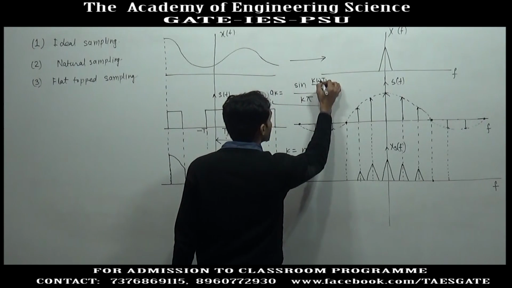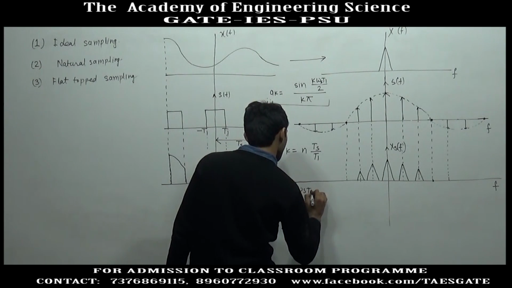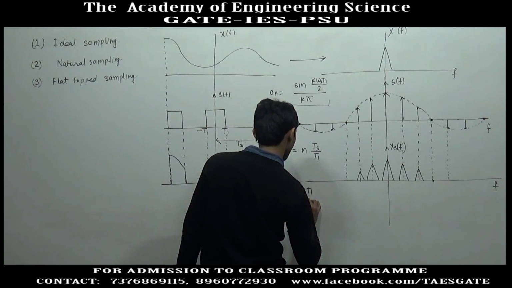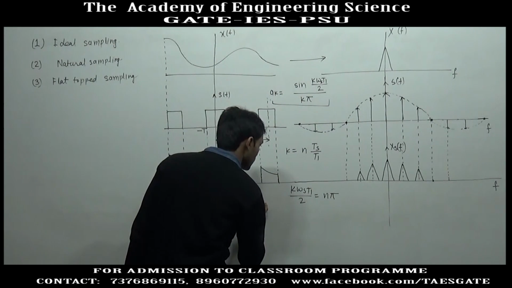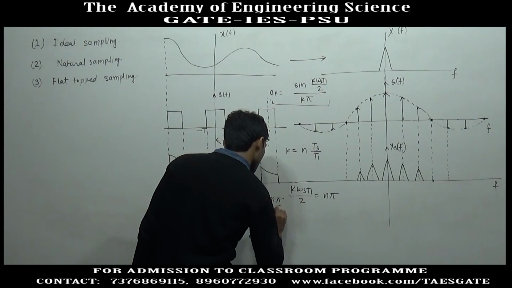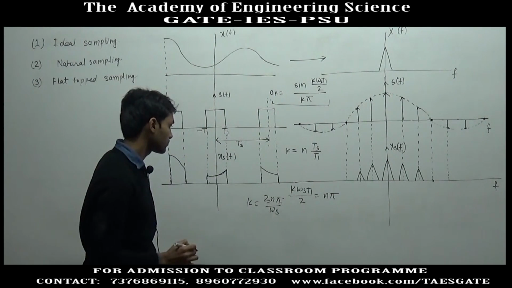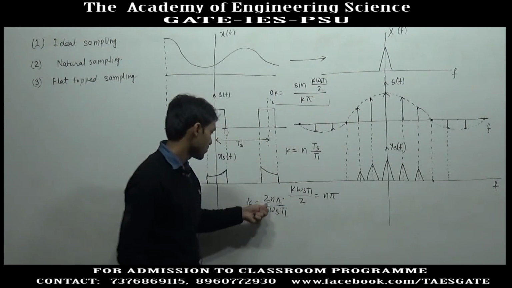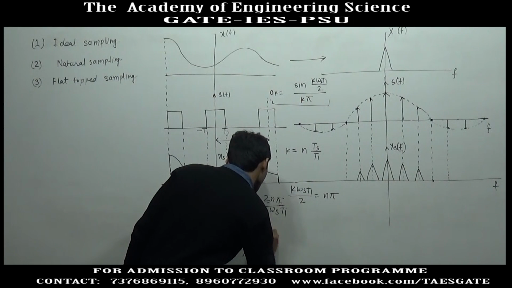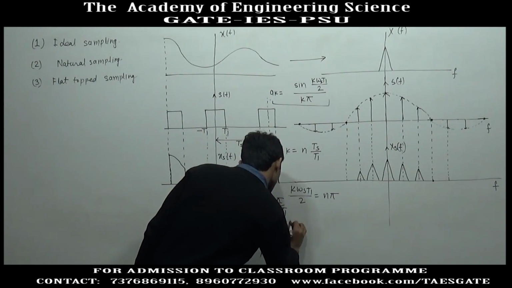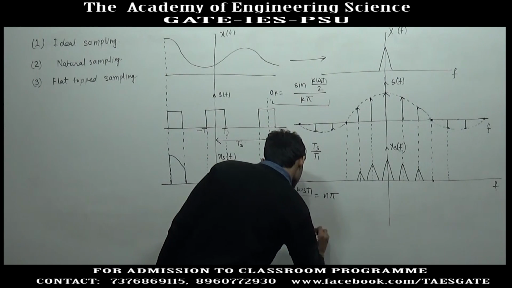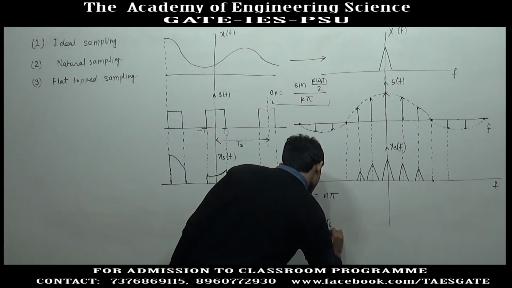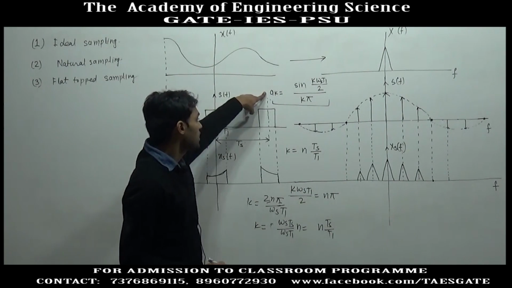If k omega s T1 by 2 is an integral multiple of n pi, then k equals 2 n pi divided by omega s T1, and using 2 pi equal to omega s into Ts, we get k equal to n Ts by T1, and then ak equals 0.